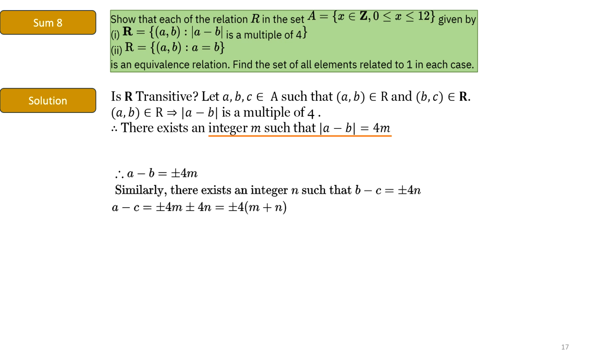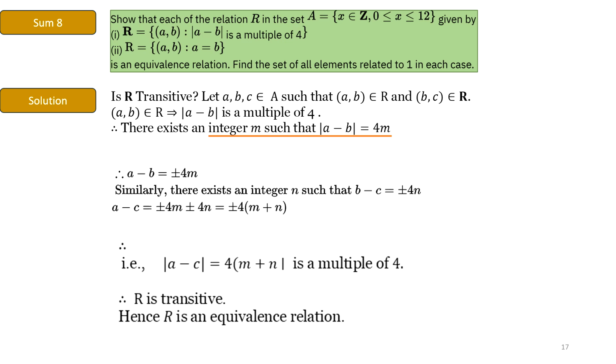Hence, a minus b should be equal to plus or minus 4m. Similarly, b minus c may be equal to plus or minus 4n, where n is an integer. Mod of a minus c is equal to 4 times (m plus n), which is again a multiple of 4, since m and n are integers. Hence, R is transitive and an equivalence relation.